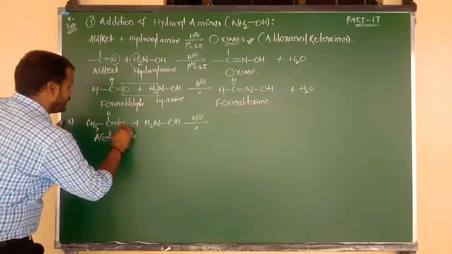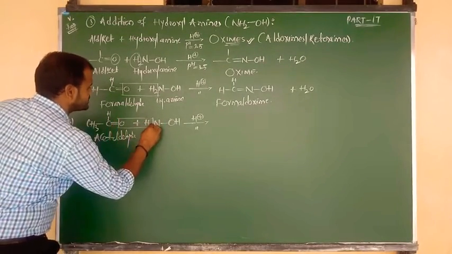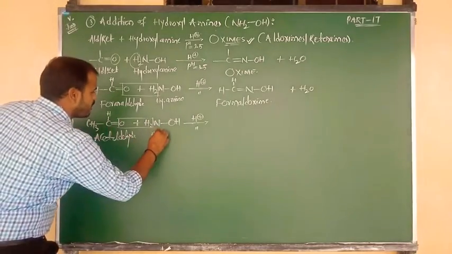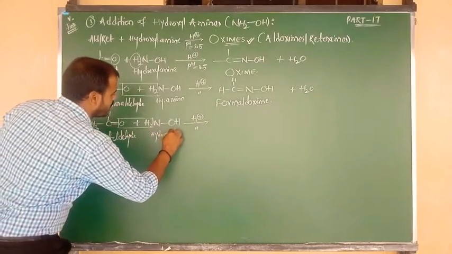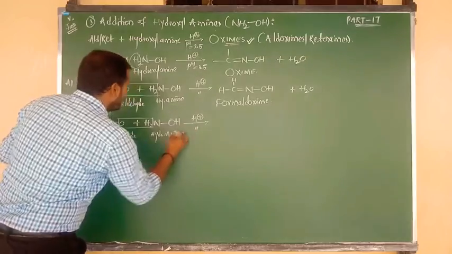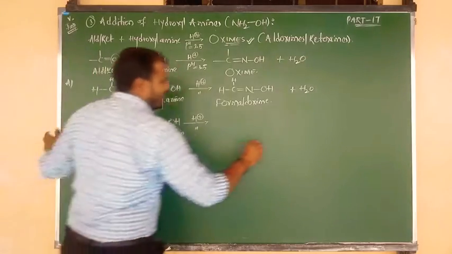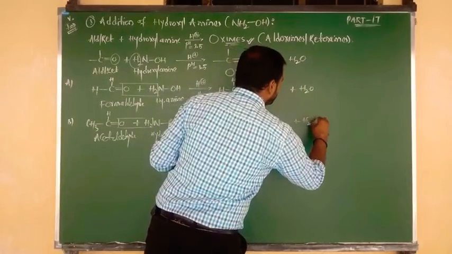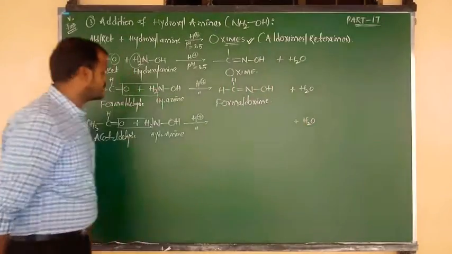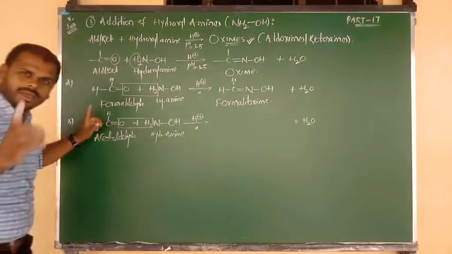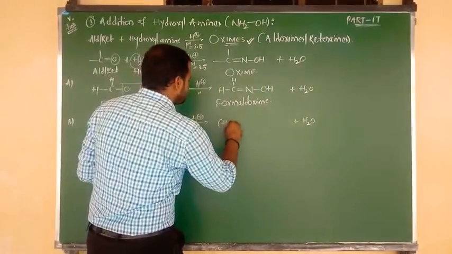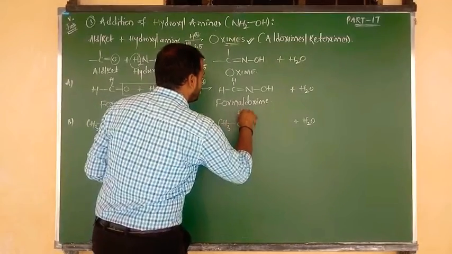Again elimination of a water molecule takes place. So H2O is eliminated, meaning elimination of a water molecule takes place. Remaining is CH3 bonded to C, above the plane H.